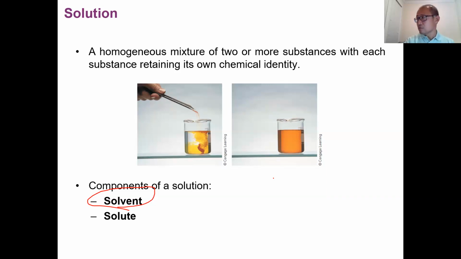The components that exist in minor amounts, depending on how many components there are, we call solutes. So usually you have a solvent that is the greatest amount, and then you have one or more solutes, depending on how many components you have in the solution. Solutes are the ones in smaller amounts.